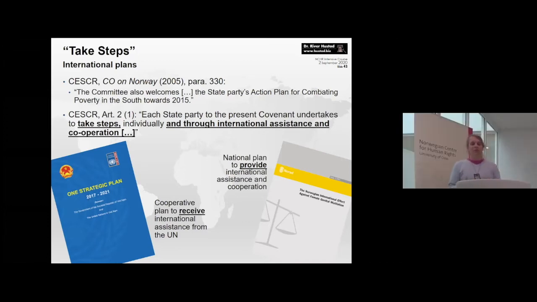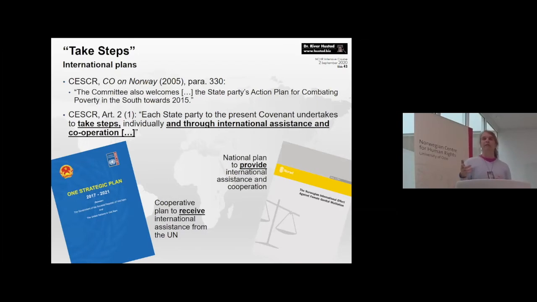So we're talking about plans, that there have to be national plans and also international plans, because in the Covenant on Economic, Social, and Cultural Rights, one of the things it says is that the steps must be taken through international assistance and cooperation. These are some pictures of examples. The one on the left, the blue one, is a cooperative plan from Vietnam to receive international assistance from the UN.